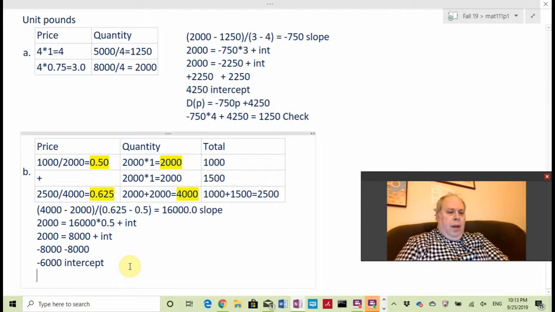So our supply function, S of P, equals 16,000 P, in dollars, minus 6,000.